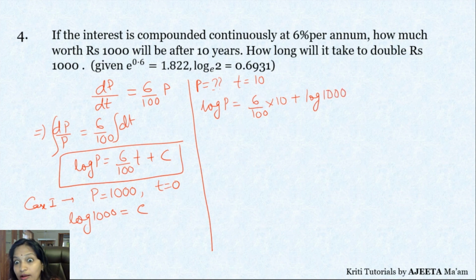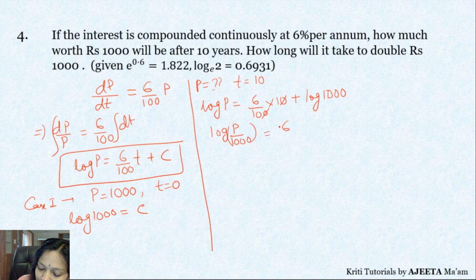Now see what we have to do. 6 by 10. Okay, now take the terms of log on one side, so we get log p by 1000, and here we get 0.6. What to do now? Exponential 0.6 is given to you. Now we will convert this log into exponents. What is the relation?